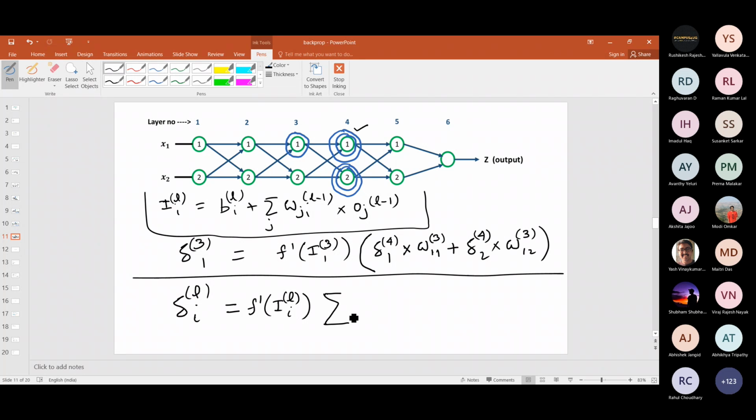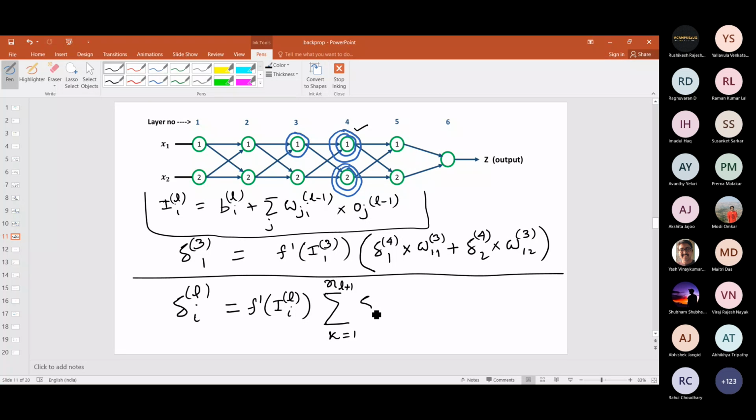Summation of what? A summation of delta layer L plus 1, k equals 1 to n, the number of neurons in the next layer, which is basically N L plus 1. Make sense? Because it just connects all the connected neurons in the next layer. That is how I'm computing.